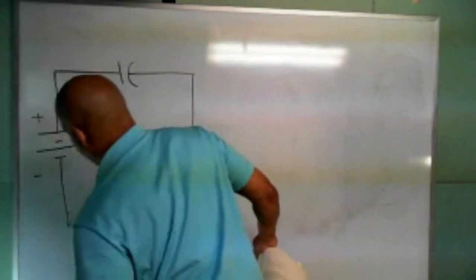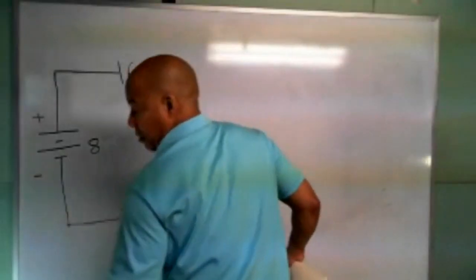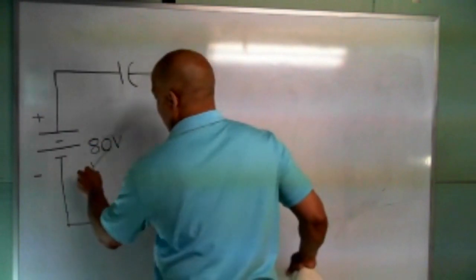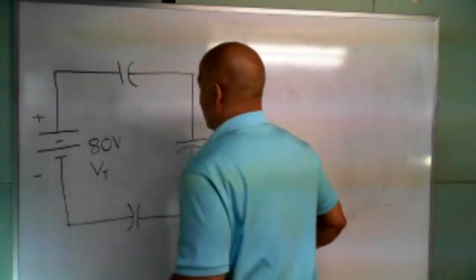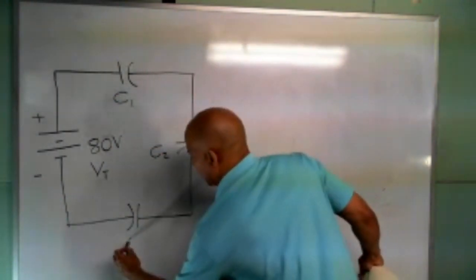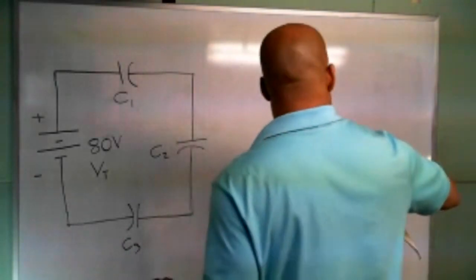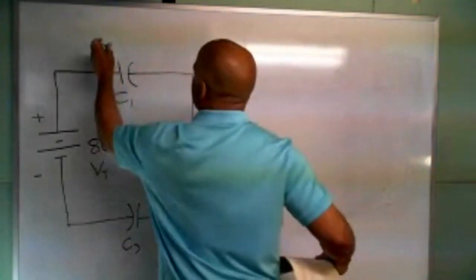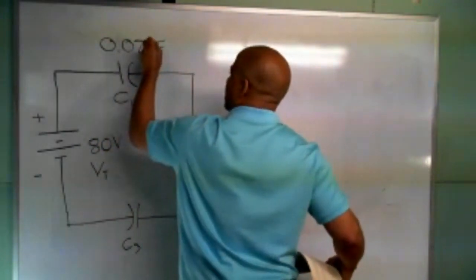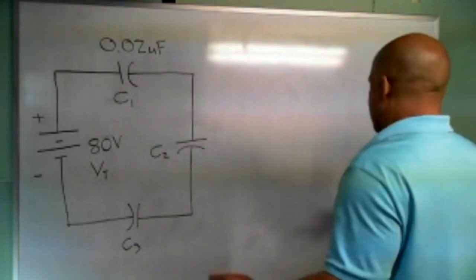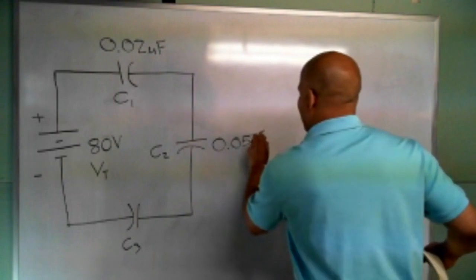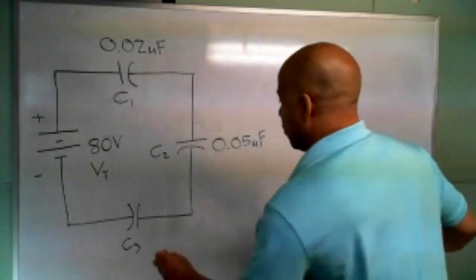Oops, 80 volts, not 8 volts. And that's VT. And then we've got C1, C2, C3. And this is 0.02 microfarads. And this is 0.05. And this is 0.1.